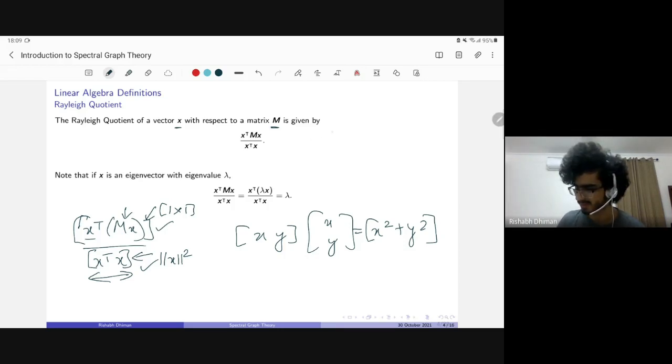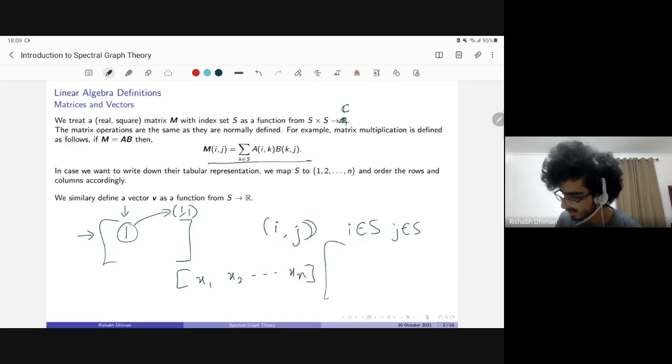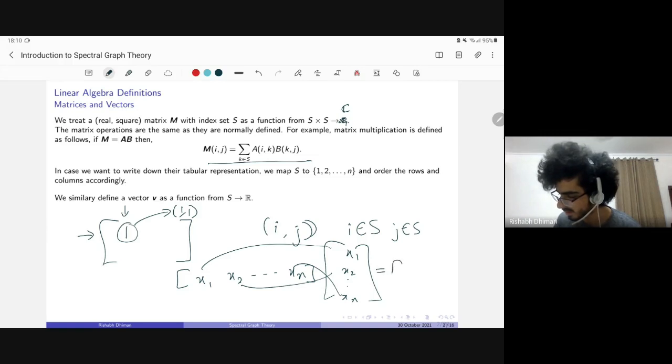So, for example, I defined it back here in this manner. So, if you consider any vector x1, x2, xn, and you multiply the transpose, these two get multiplied, these two get multiplied, these two get multiplied, and you just sum over all these values.